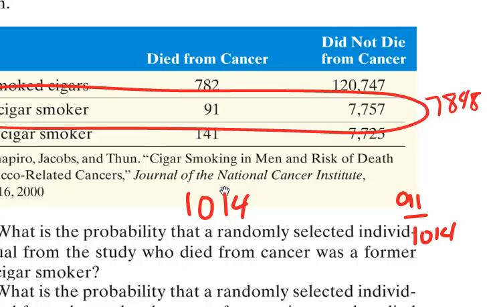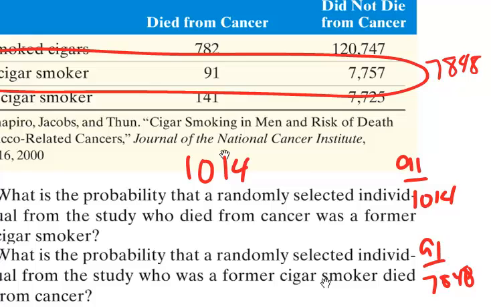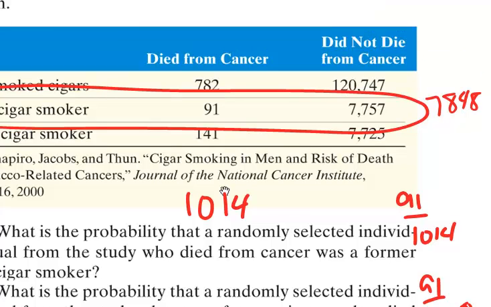So the probability that a randomly selected individual who was a former cigar smoker died from cancer is 91 divided by the 7848, and then whatever that is in decimal form. Okay, so I hope that helps you understand the basics of probability from looking at a table.